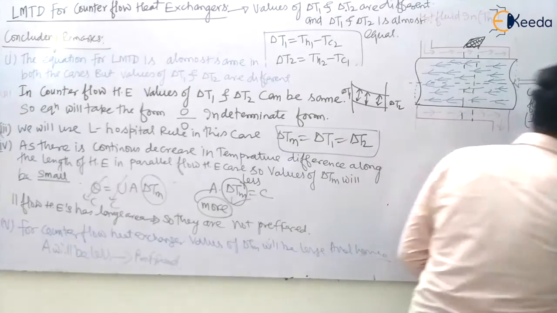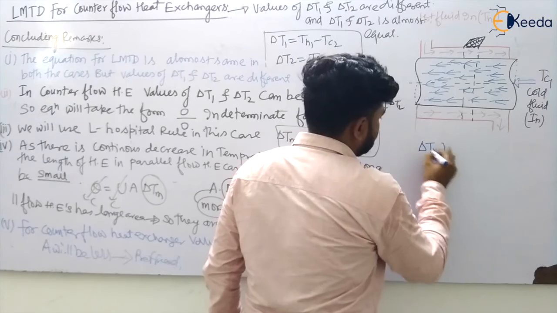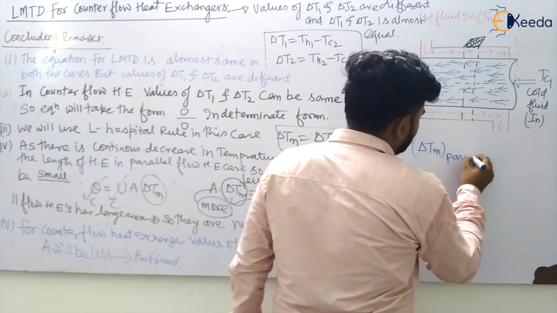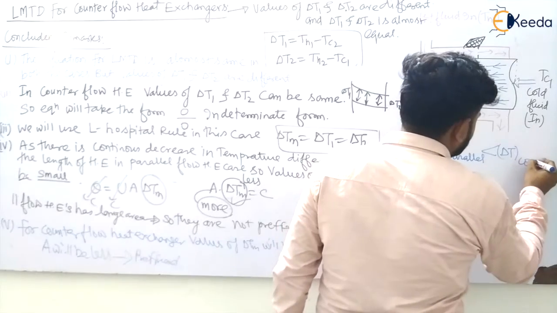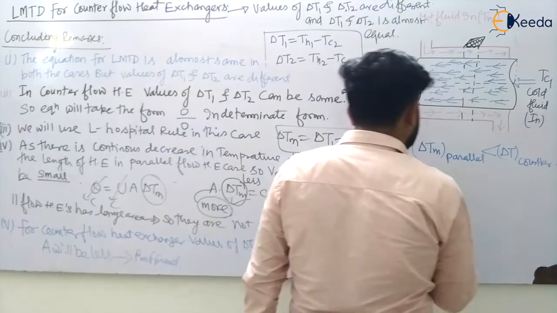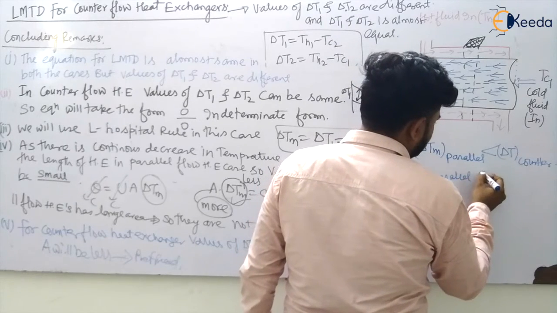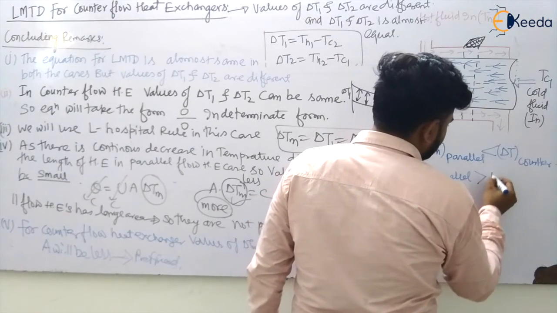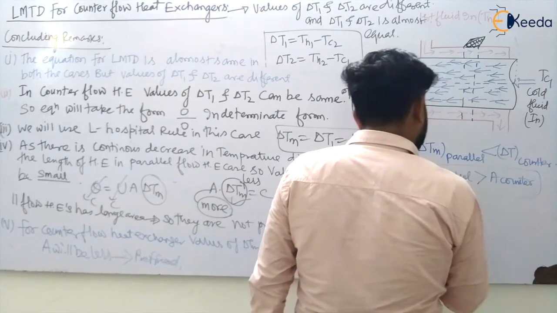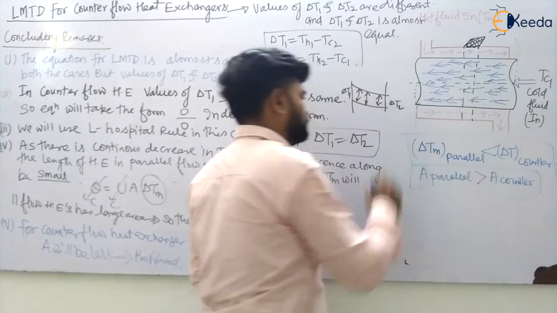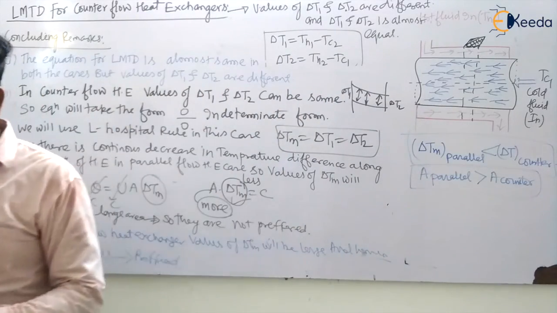So delta Tm for parallel will be less than delta Tm of counter, and area of parallel will be greater than what? Area of counter. So this you have to remember. There can be 1 mark question on this in your GATE, my dear students.